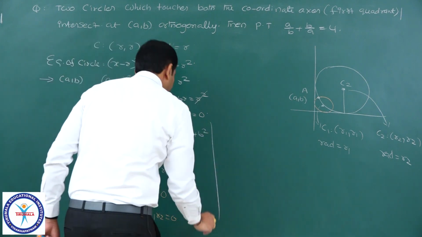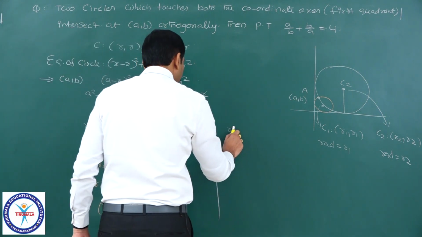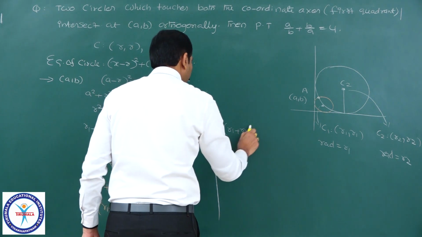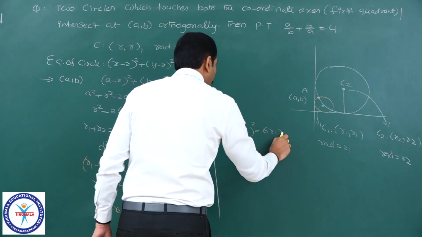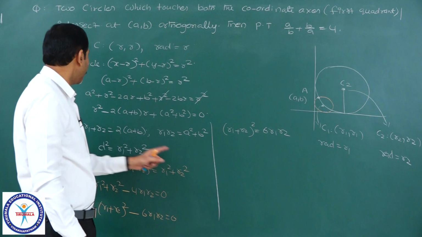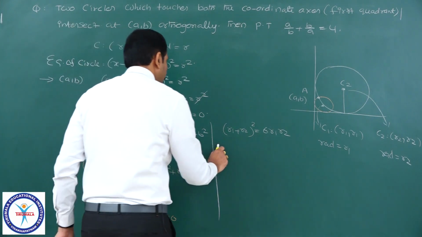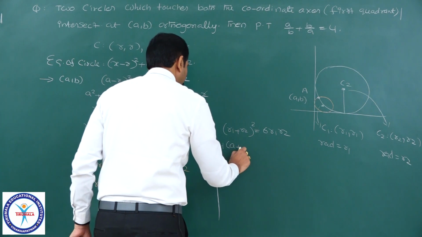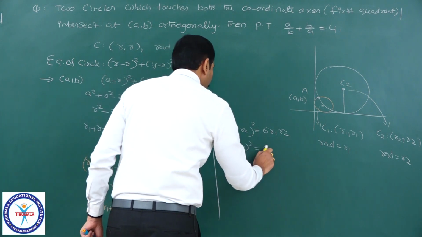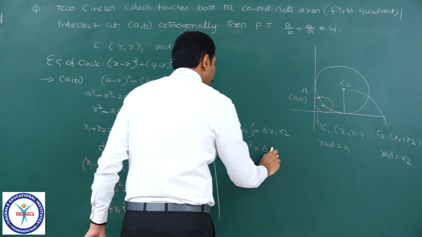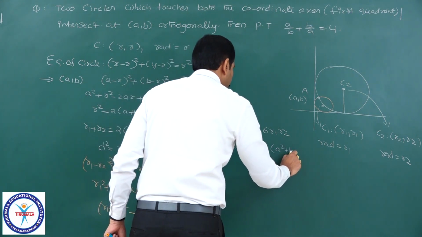Therefore, (r1 + r2)² = 6r1r2. What is r1 + r2? 2(a + b). Whole square means 4(a + b)². 6 times r1r2 is nothing but 6(a² + b²).